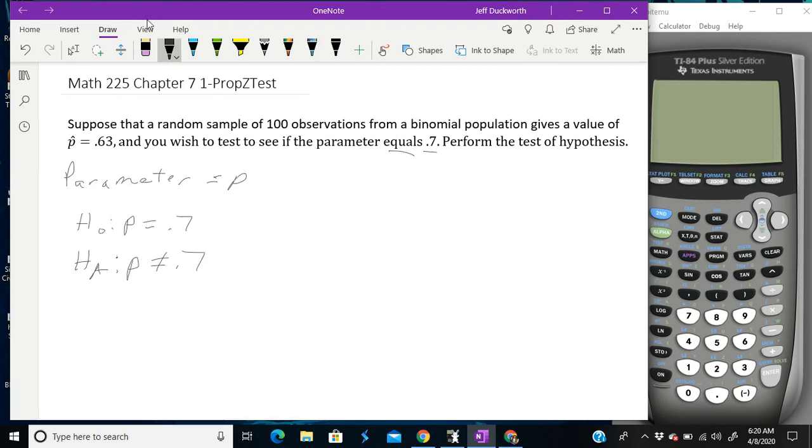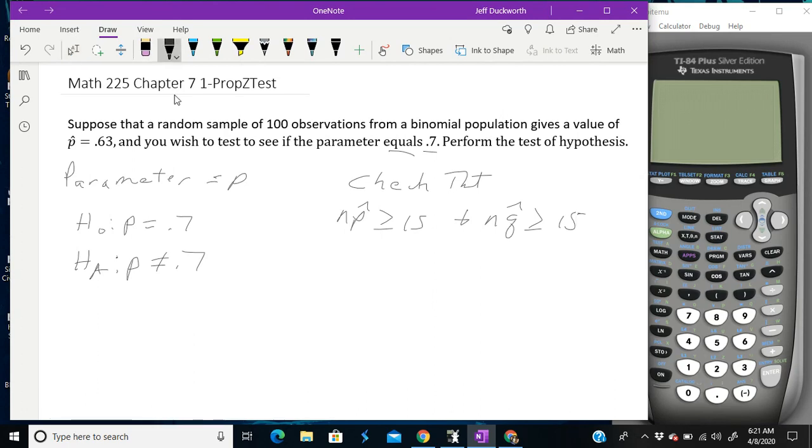So we need to check that n times p hat is at least 15 and n times q hat is at least 15. These are the criteria that we're using. Others can certainly be used. I've seen 5, I've seen 10, I've seen npq greater than or equal to 10, and so forth. But these are the ones that we're going to be using.